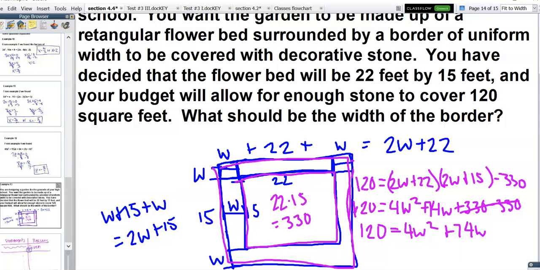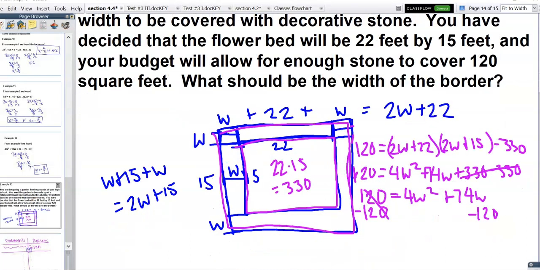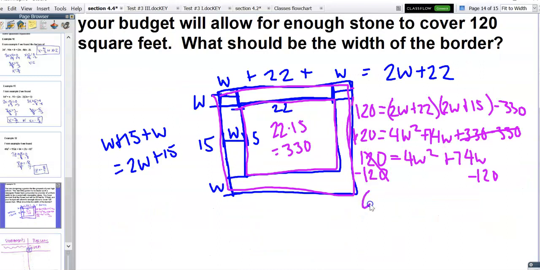But now we're solving a quadratic, so we have to have one side equal to 0. We're going to subtract 120 from both sides. And then we'll be left with 0 equals 4w squared plus 74w minus 120.